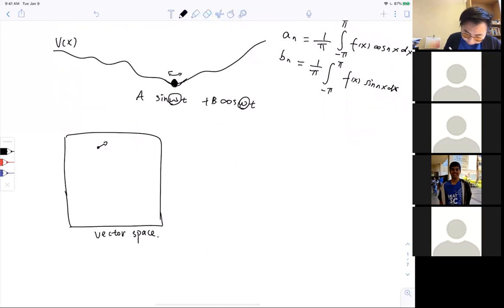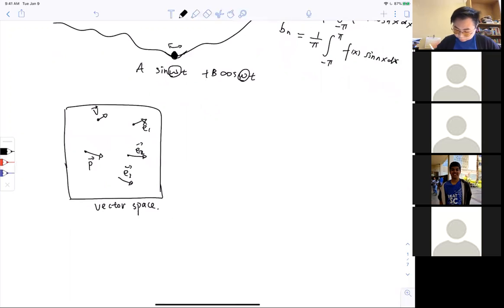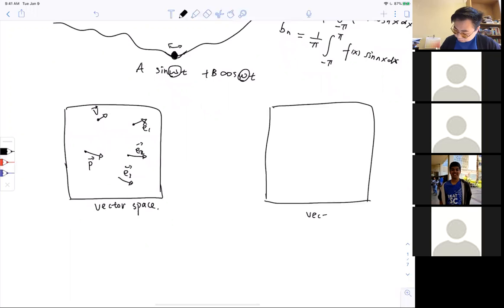For example, this one is vector V, and this vector is vector P. And there are also some vectors which serve as basis vectors, E1, E2, and E3, something like this, right? So here we have a similar structure. Actually, it's also a vector space.